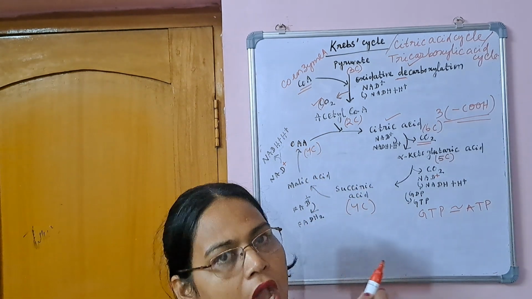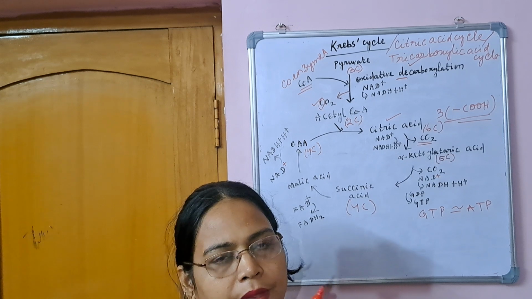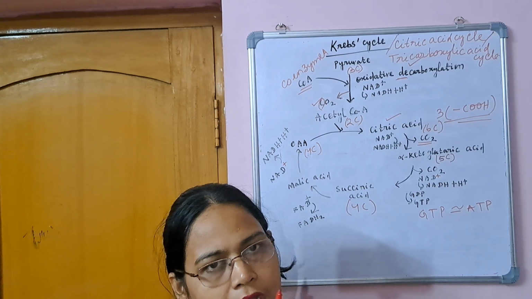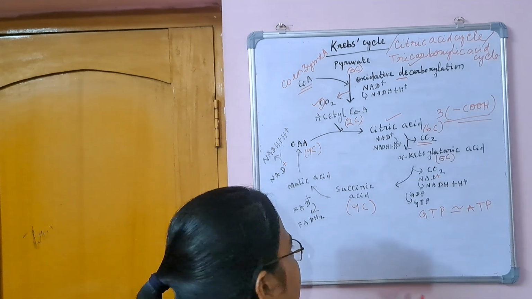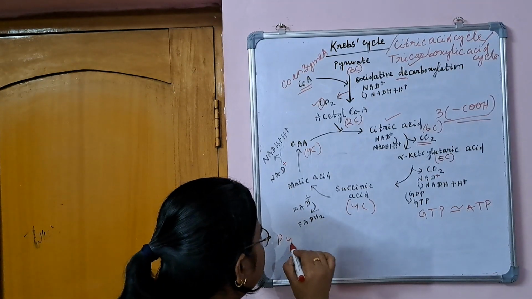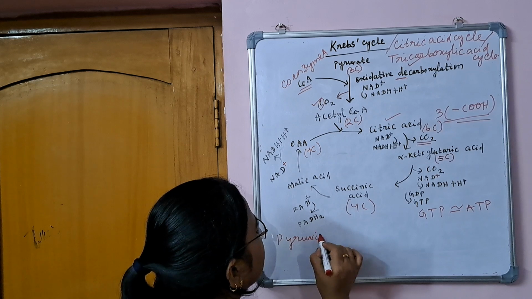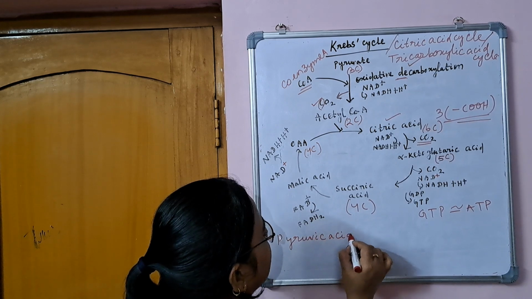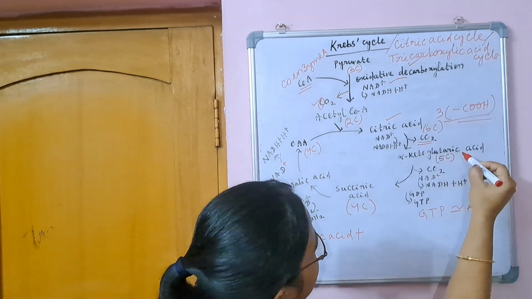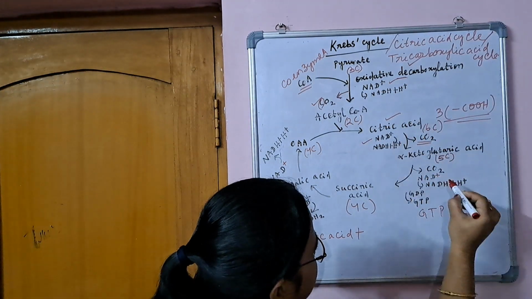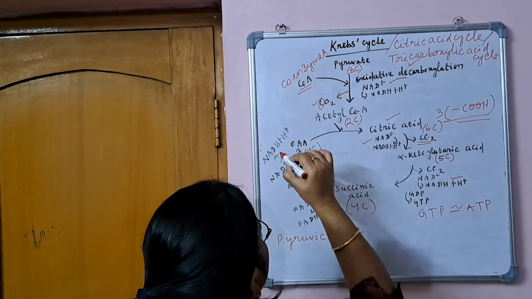Let us see how many NADH, how many FADH2, and how many ATPs are produced when one pyruvic acid undergoes the Krebs cycle. Now here pyruvic acid plus, in 4 places you see, here 1, here 2nd, this one 3rd, and here 4th.